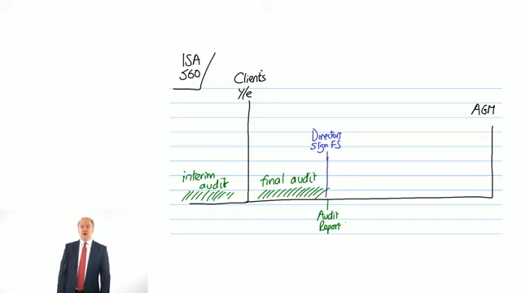So in other words, with IAS 10, some events that happen after the year end may be adjusting and some may have to be disclosed. So those are events after the reporting period.